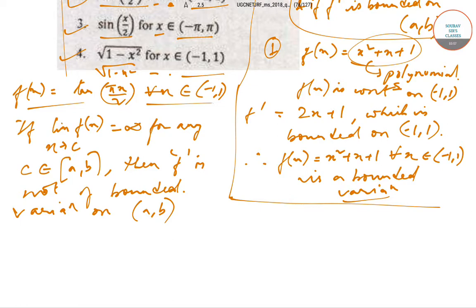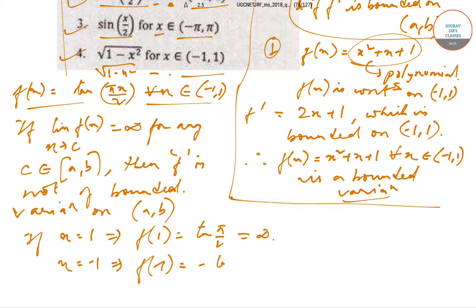So now here, if we put x equal to 1, then f of 1 will be equal to tan of pi by 2, which is equal to infinity. And if x is equal to minus 1, this will give us f of minus 1 equal to minus tan of pi by 2, which is again equal to minus infinity. And as you can see, minus 1 and 1 belong to the closed interval minus 1 to 1.